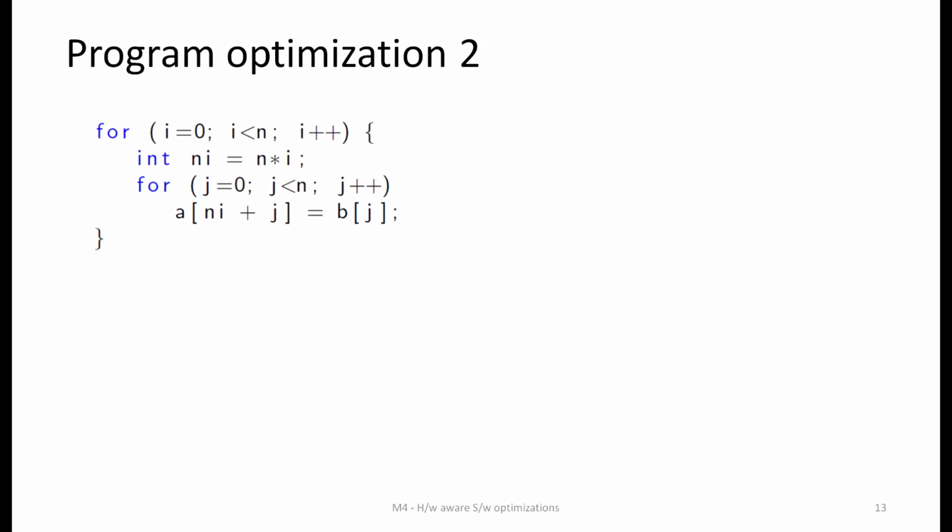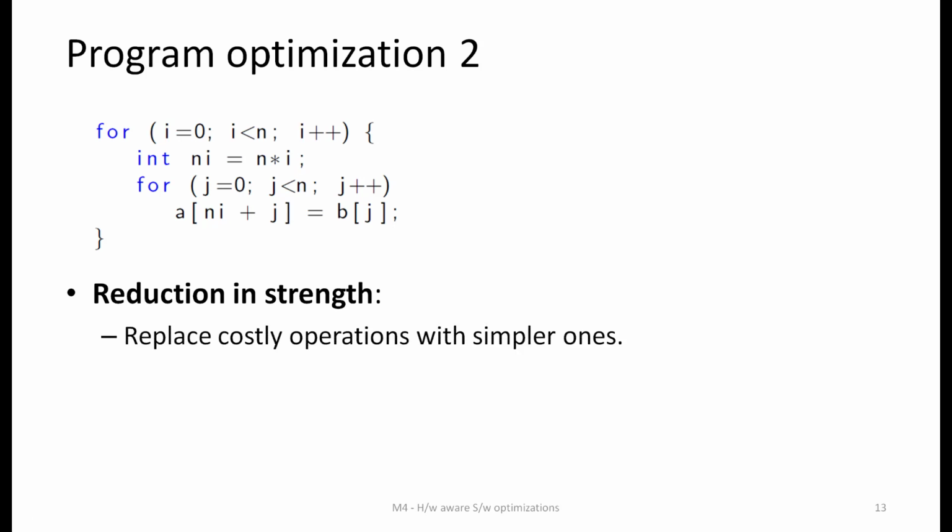Another program optimization. So this was the function call; we did some code motion, and we said we'll calculate n times i beforehand and keep it ready. What better we can do is reduction in strength. Replace costly operations with simpler ones. Here the cost is in terms of the latency of the operations.